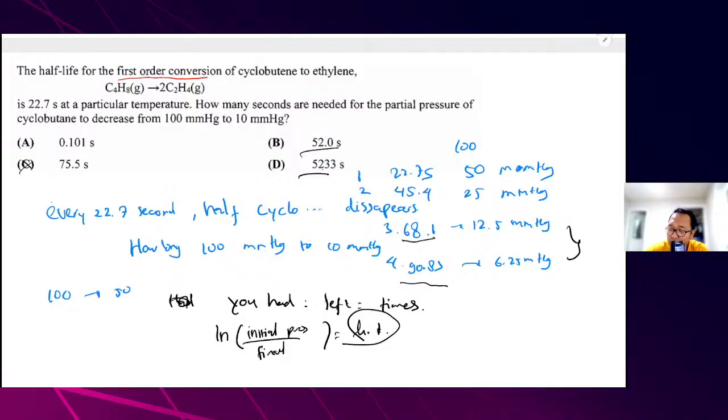Now instead of using this method, if we want the exact number, we can do it.